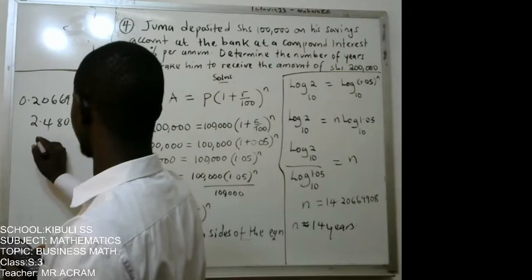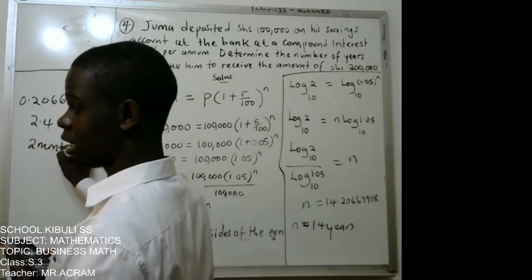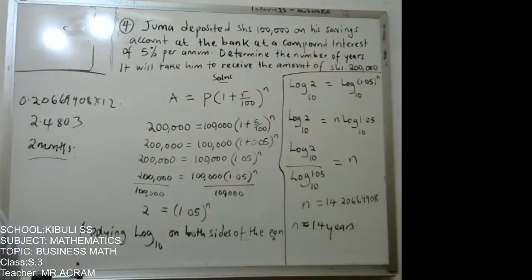This will be 2.5 if you round off, but if you round off from here, there will be 2 months. I think you see this, yeah? At least there will be 2 months and some days there. For days, you keep on rounding off 0.480.